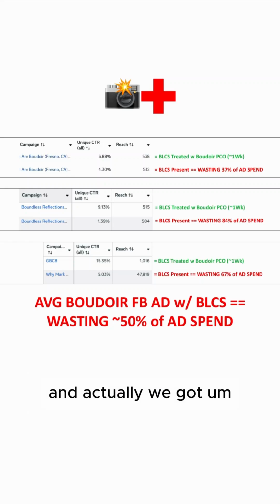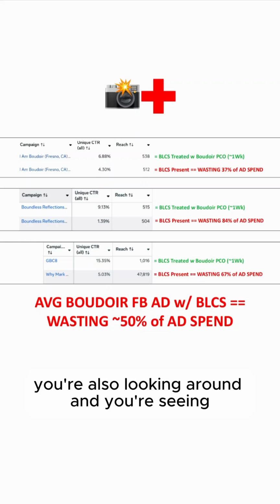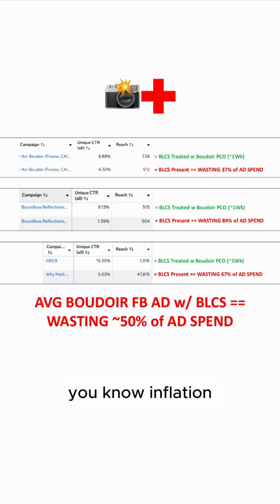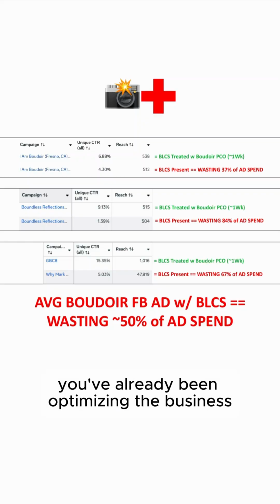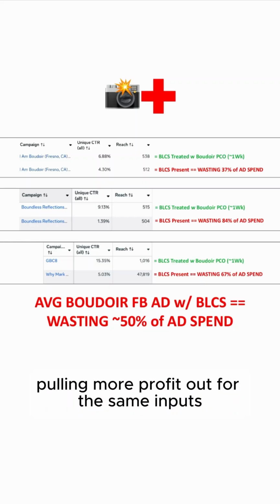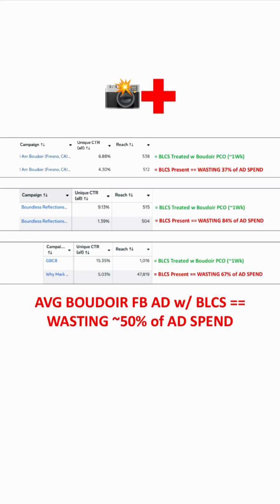And you're also looking around and you're seeing inflation, cost of living going up all around the place, basically everywhere.